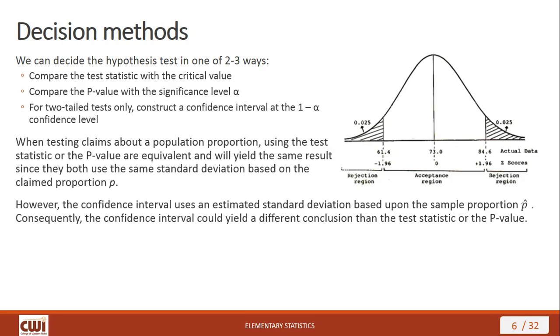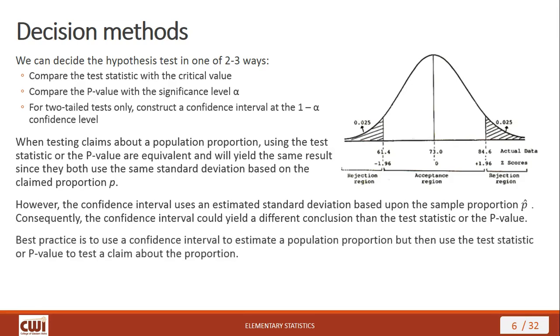Consequently, the confidence interval could yield a different conclusion than the test statistic or the p-value. Therefore, the best practice is to use a confidence interval to estimate a population proportion, but then use the test statistic or the p-value for your hypothesis test about the claim of a population proportion.